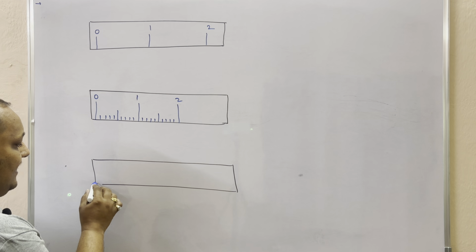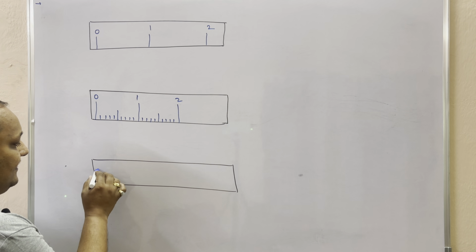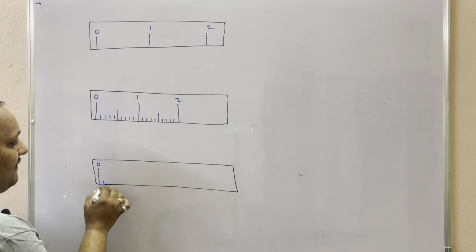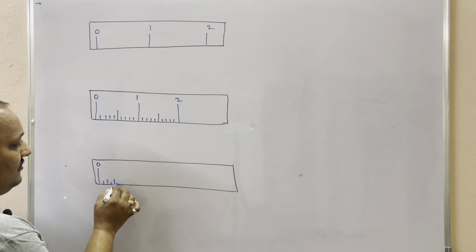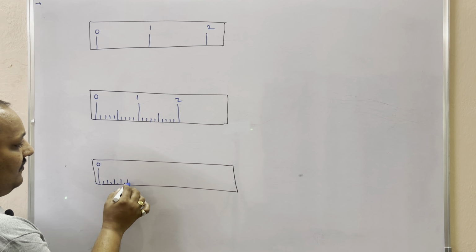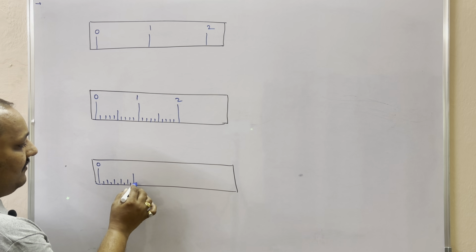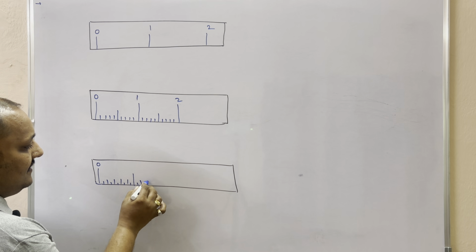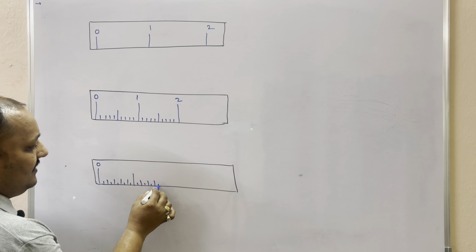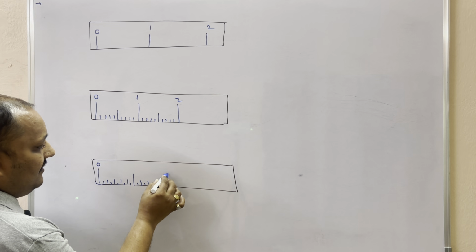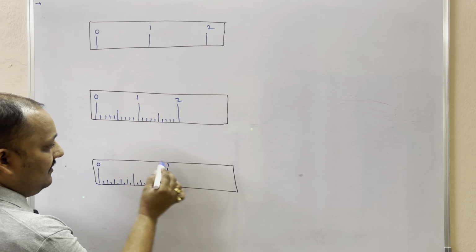Next, in another scale, you might have observed like this: 0, 1, 2, 3, 4, 5, 6, 7, 8, 9, 10. This is 1.